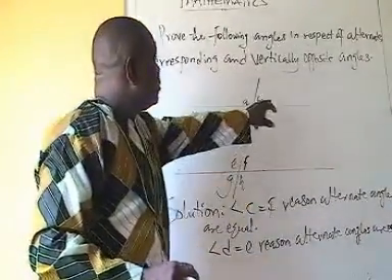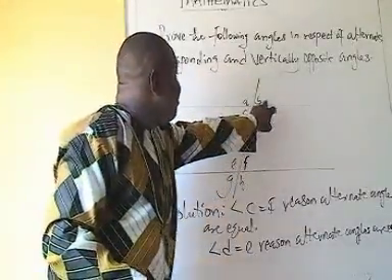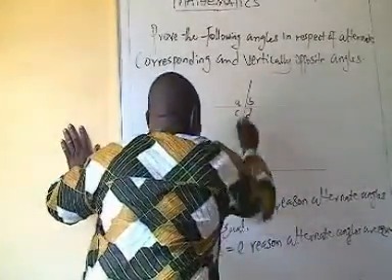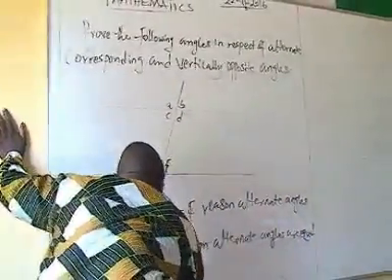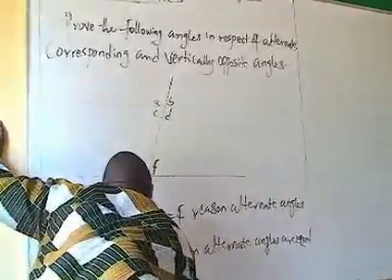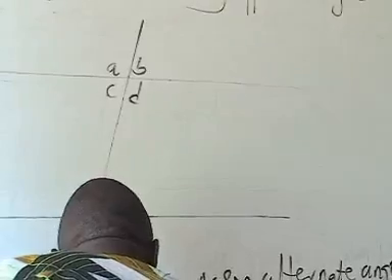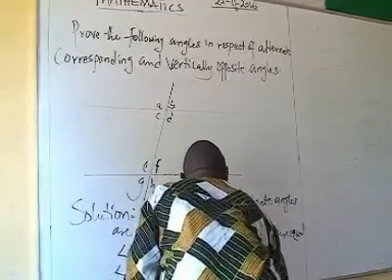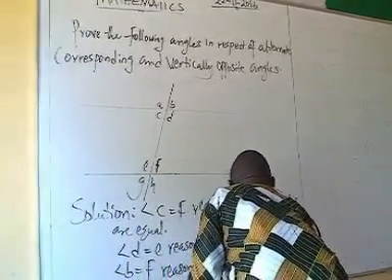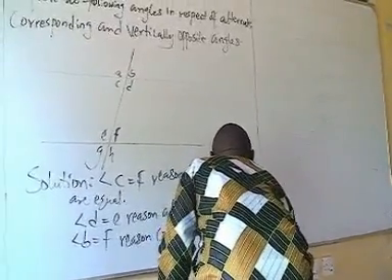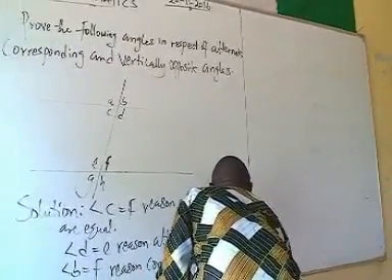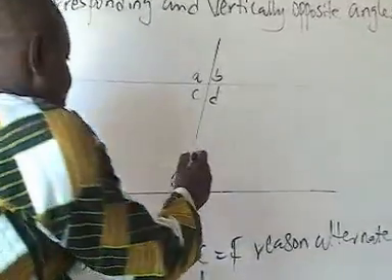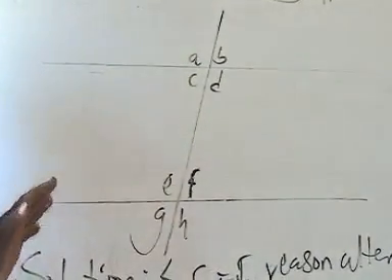What do we do now? Corresponding. Angle B equals to F. Reason: corresponding angles are equal.